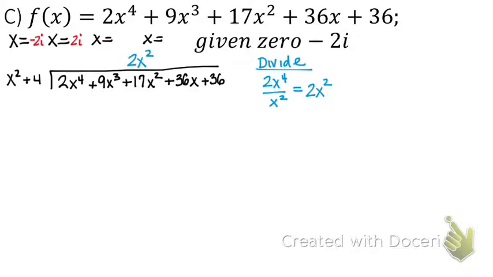And then after you divide, you're going to multiply 2x squared times x squared plus 4. Go ahead and do that, see what you get.